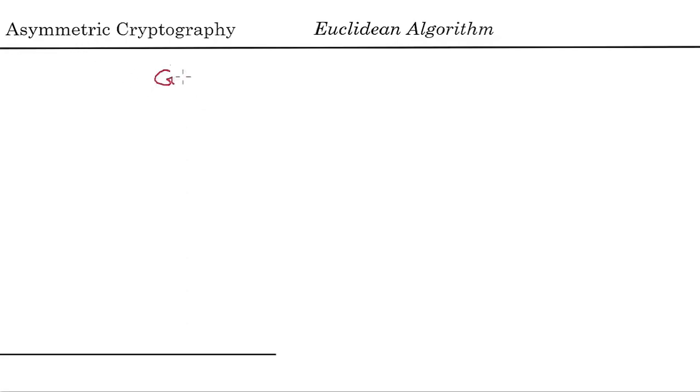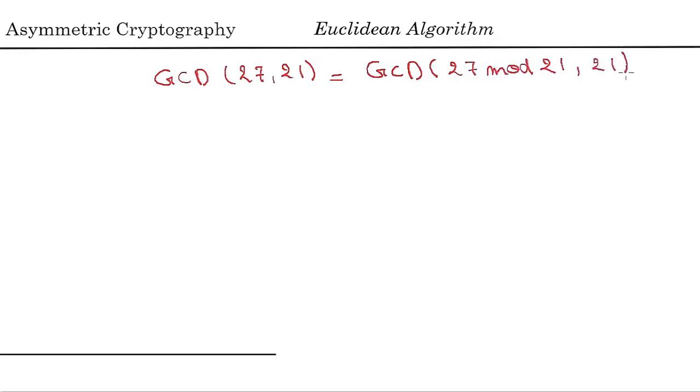So the GCD of, for example, let's say 27 and 21 is equal to the GCD of 27 mod 21 with 21. 27 mod 21 is 6, because 27 divided by 21 would equal 1, and the remainder would be 6.